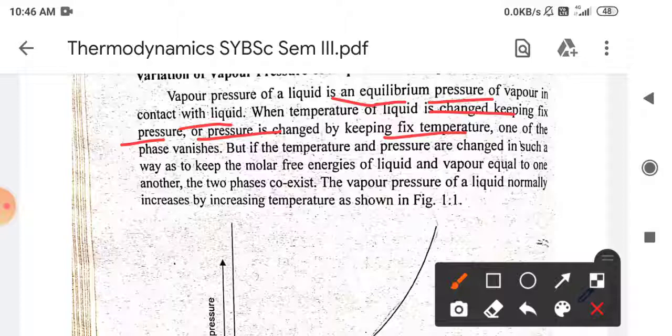One of the phases would vanish, because there is an equilibrium of two phases in the given system at a particular temperature or a particular pressure. But if you want to keep the temperature as well as the pressure both constant, then there has to be a change in the Gibbs free energy.